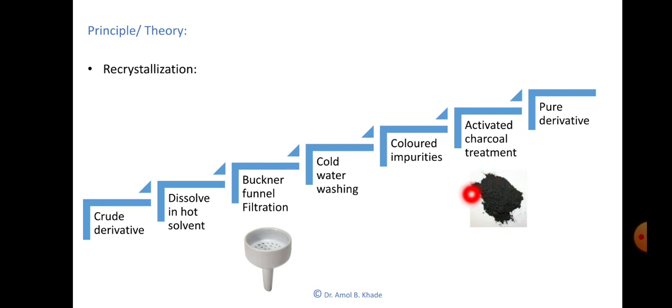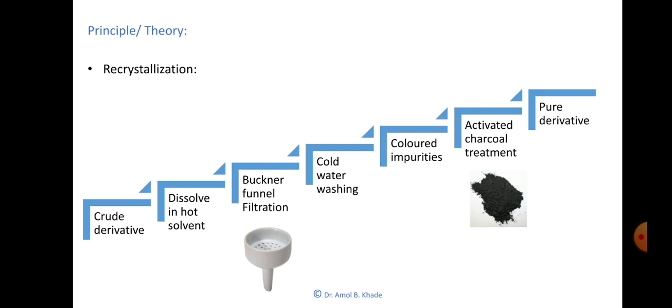Activated charcoal is a powder which looks like this, and it helps us remove the colored impurities by the principle of adsorption. So you can take your crude solid derivative and dissolve it in a suitable solvent. You can boil it, heat it, and while it is hot you can add a pinch of activated charcoal. Then you can stir it.